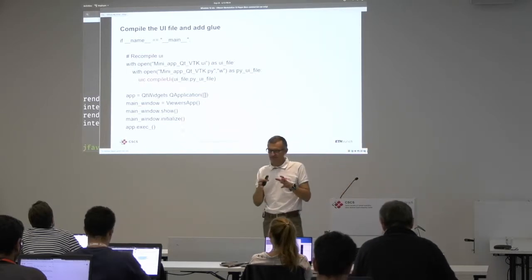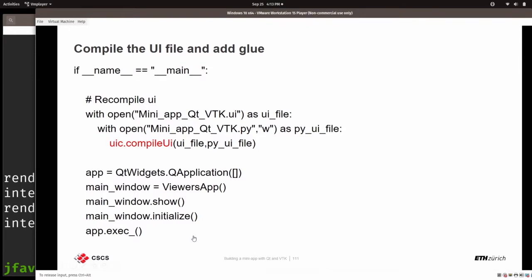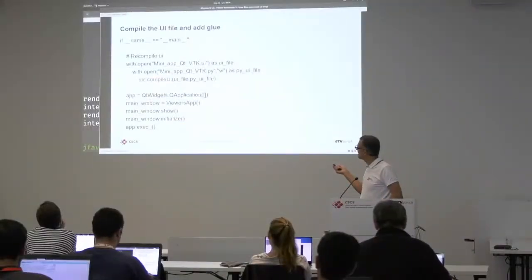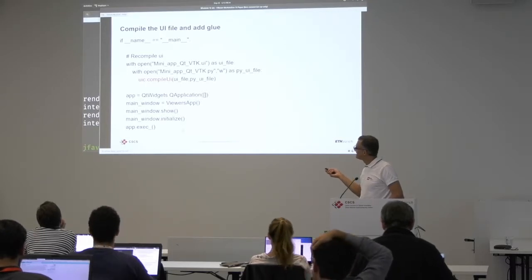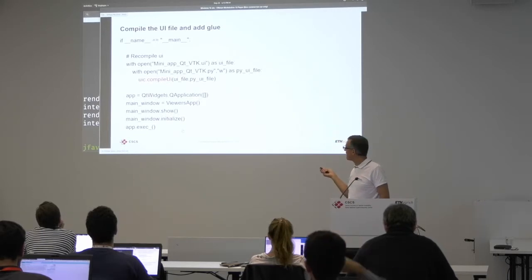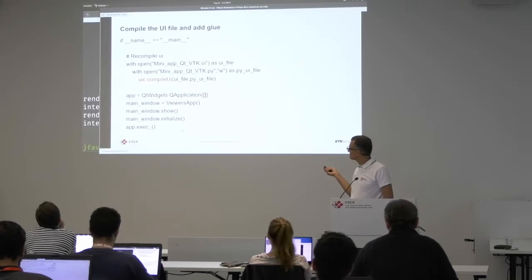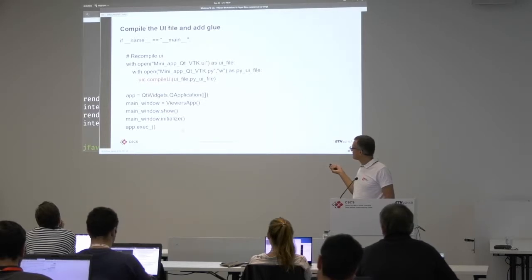Now, there has to be some magic taking place, and that magic is the UIC compiler. The Designer application creates a file called something.ui. So in our example here, mini application qtvtk.ui. So you tell Python to open that file and to use the UIC compiler to generate a Python program.